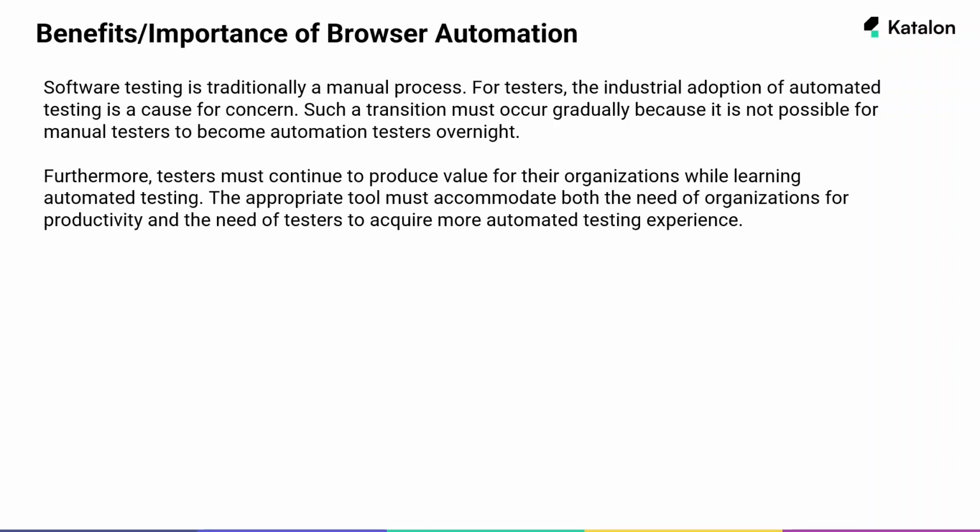So, the appropriate tool must accommodate both the need of organizations for productivity and the need of testers to acquire more automated testing experience. That is the reason it is important to select the proper or suitable automation tool.